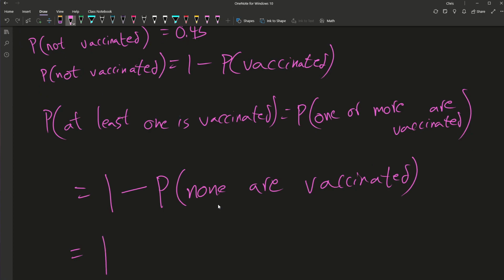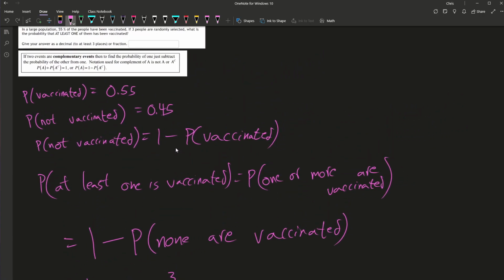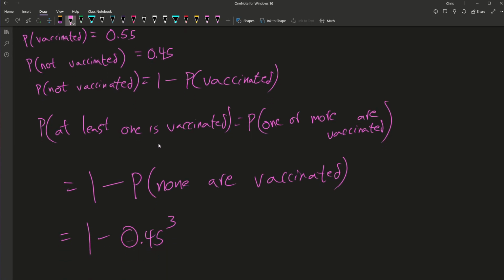This is 1 minus 0.45 cubed. Because the probability of each person not being vaccinated is 0.45. I guess we could write this out as 0.45 times 0.45 times 0.45, like this.